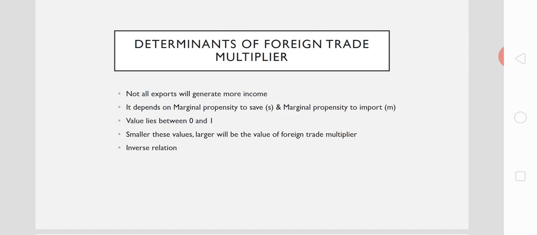So there is an inverse relation between the values of marginal propensity to save and import and the foreign trade multiplier, as saving and import are considered leakages of income as per the Keynesian investment multiplier.